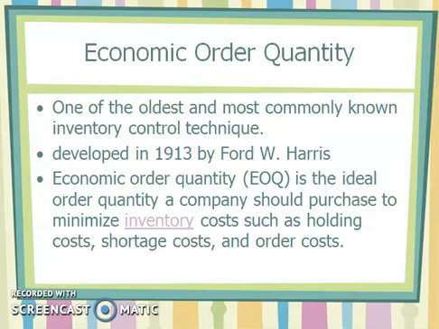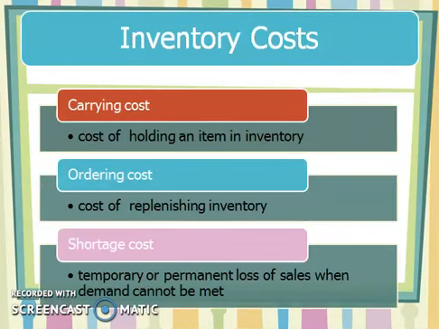So now let's talk about the various costs. Carrying cost is the cost of holding an item in stock, and it covers the cost of warehousing and storage, the salaries of clerical and staff employed in the warehouses, the cost of insurance, and any interest or taxes paid by the company.